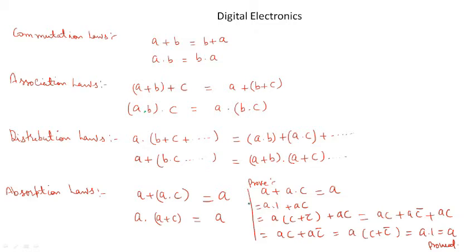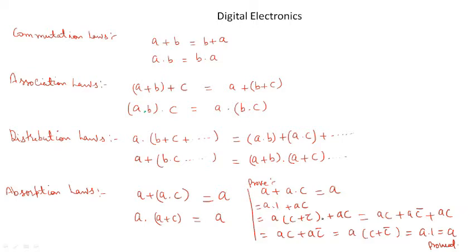Let us say A plus A dot C. Now if we take the dot 1 with this A, it will be A dot 1, which is A, plus AC. Because the second variable here is C, we can write this one as C plus C bar.